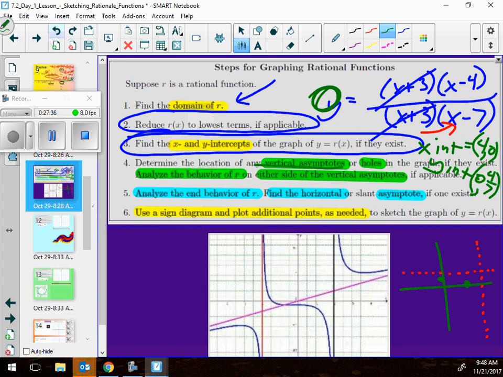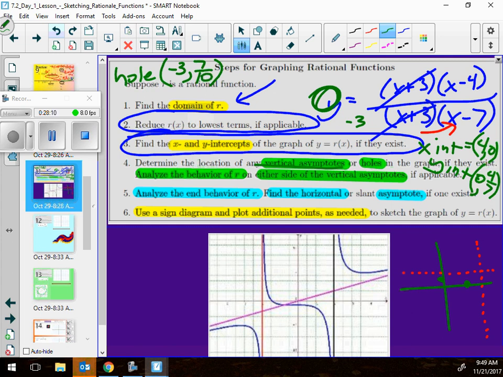All right. To determine the location of vertical asymptotes or holes in the graph, well, there was a hole. See, they put that in as step 4 because they don't want you to forget that hole. The hole was at -3, and -3, when it's stuck back in, gives me -7 over -10, -7/10 when I stick in a -3. So my hole, and I'll put it over here, hole is at -3 comma, did I say 7/10?